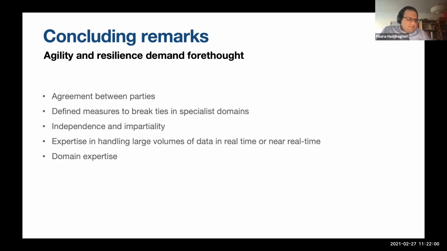Independence and impartiality, as I said: you can't have someone making decisions who heads an organization that has a stake in what is being discussed. And we need expertise in handling large volumes of data, which is really missing across the board, in real time and near real time, which is something we've been doing in this project, but we don't really see across the board.